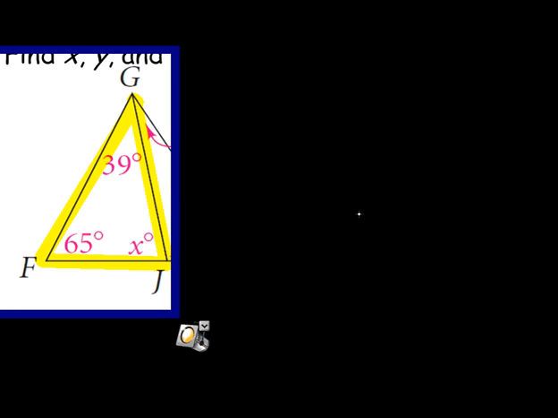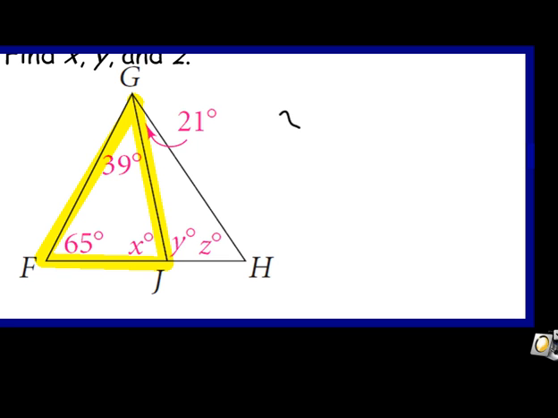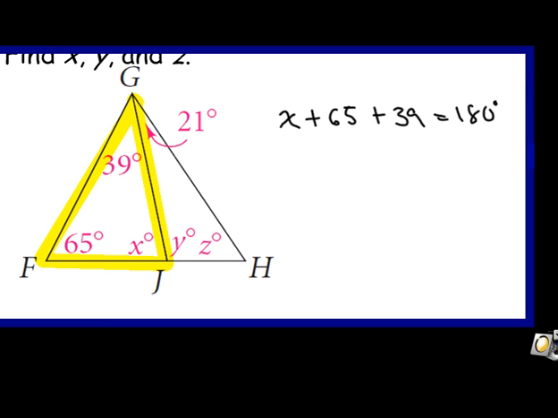I don't have space there, so I'll do it this way. We know that x plus 65 plus 39 should equal 180 degrees. That's what we know. So knowing that, we can solve for x.